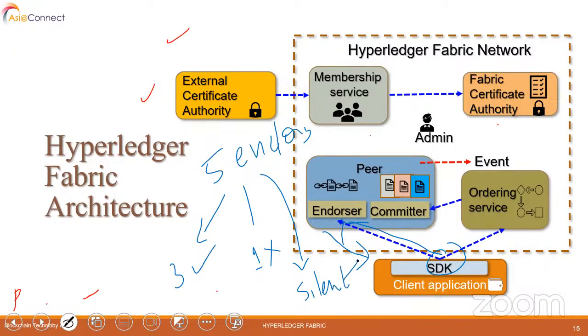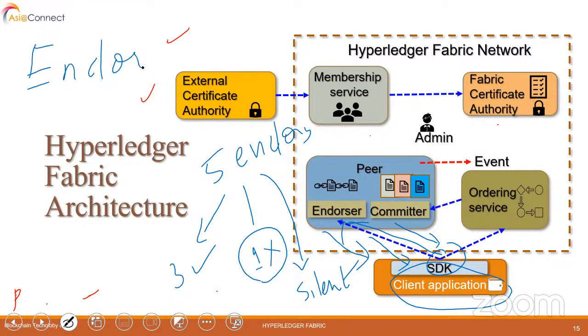All of them will be sending back their responses. So 3 have responded positively, 1 has responded negatively, 1 is silent. So this client application will check what is the endorsement policy. What is the endorsement policy, right?